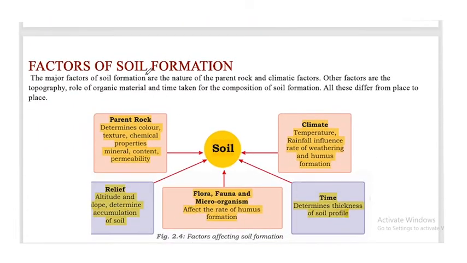Now, factors of soil formation. The major factors of soil formation are the nature of parent rock and the climatic factors. Other factors are topography, the role of organic material and the time taken for the composition of soil. These are the factors which affect the formation of soil and classify the nature of a soil.